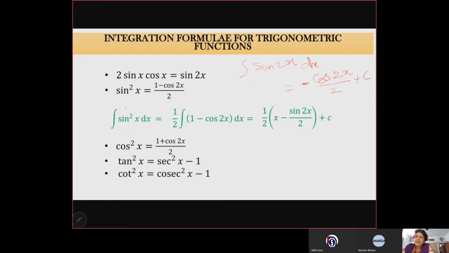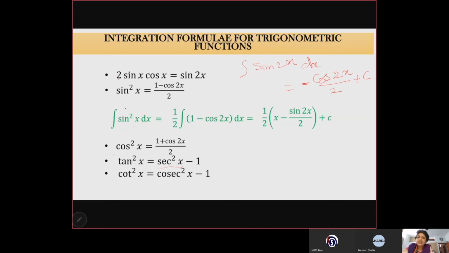So the same thing we can apply if you have to integrate cos square x. Now to integrate tan square x. Tan square x as such is not the derivative of any function. But if we write it as sec square x minus 1, we know that sec square x is the derivative of tan x.